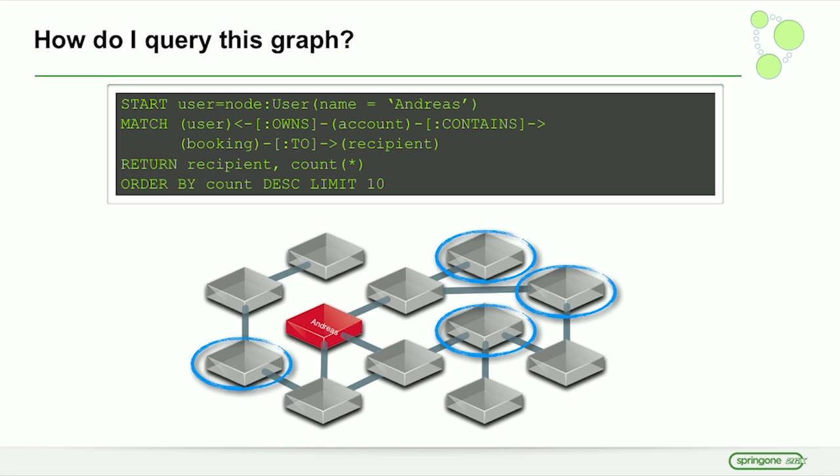And as you do that, you accumulate information, you aggregate information, and project the results. And this query language is usable both from the Neo4j Java APIs as well as the Neo4j server, so you can use it from any language like JavaScript, Ruby, Python, Erlang, Haskell, and also other JVM languages.